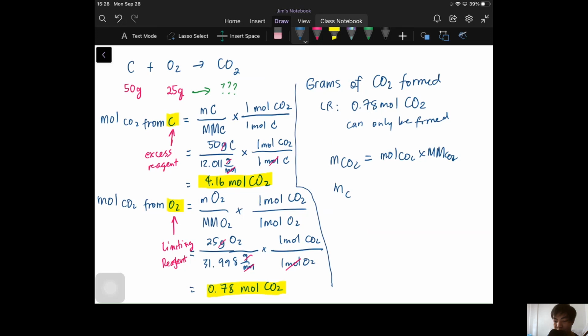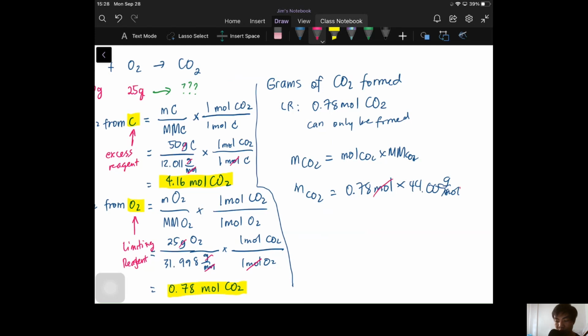Okay, so that's the mass of CO2. Mole of CO2, 0.78 mole times the molar mass, 44.009 g/mol.